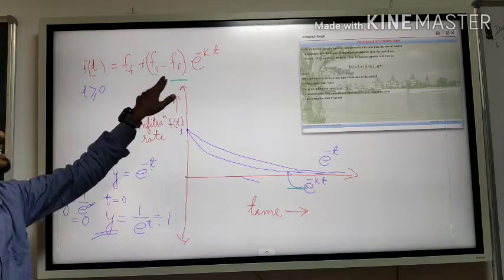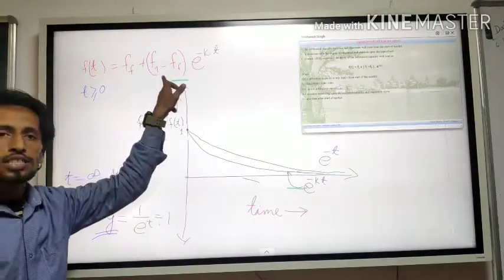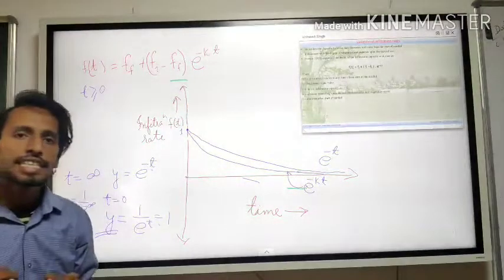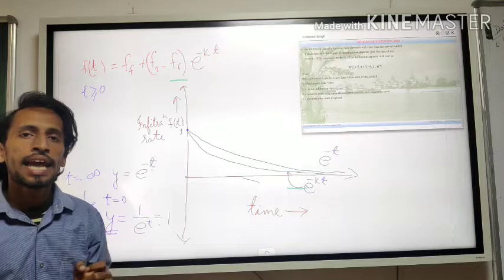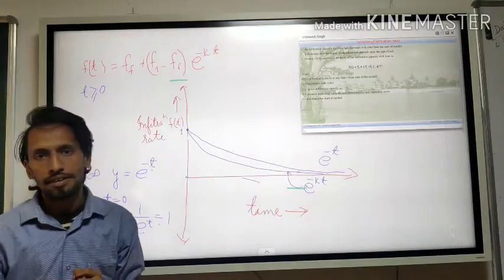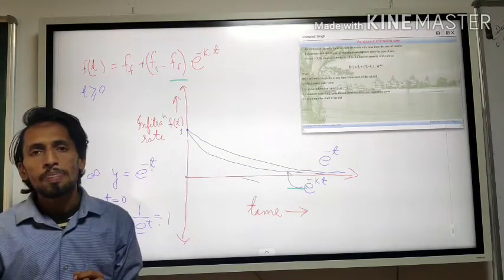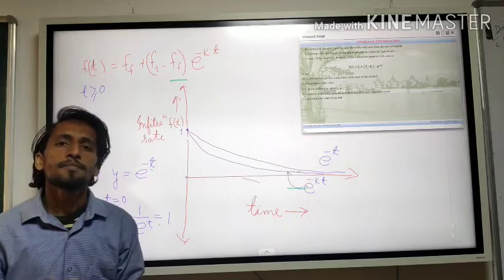Then you have to multiply it by some constant. Fi is the initial value of infiltration rate and Ff is the final rate. So this has to be multiplied.